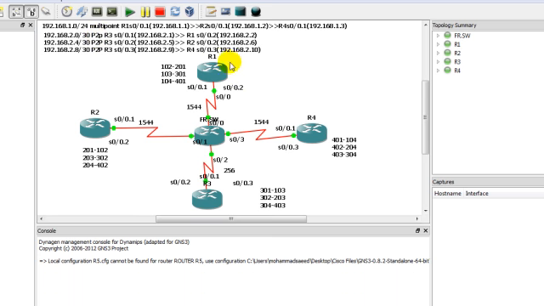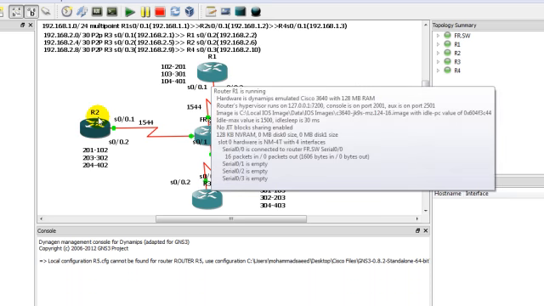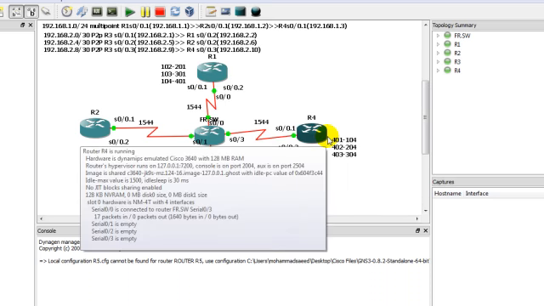Here, I want to use a multi-point between router 1, 2 and 4. Why?